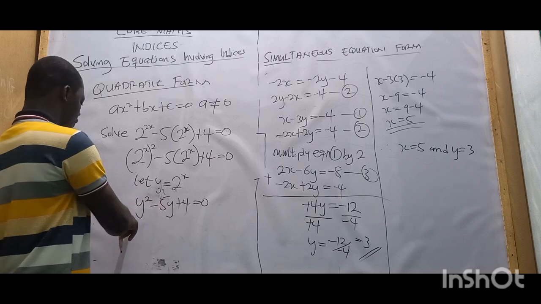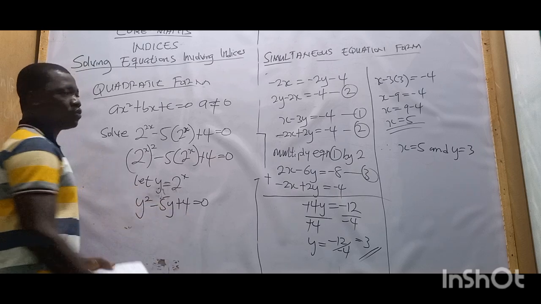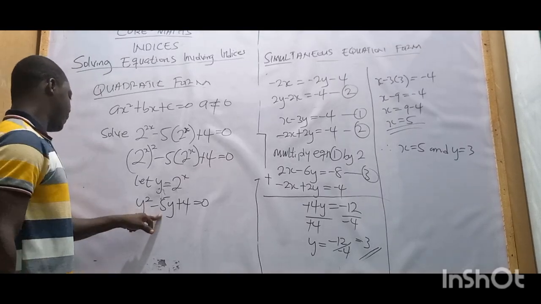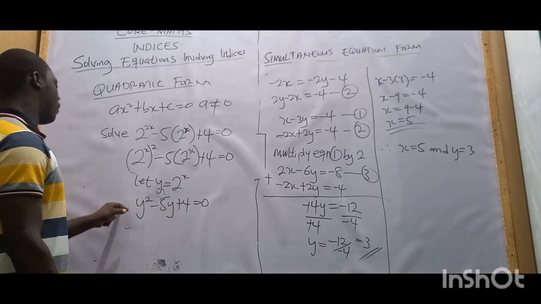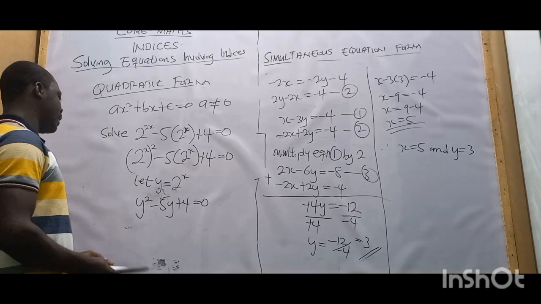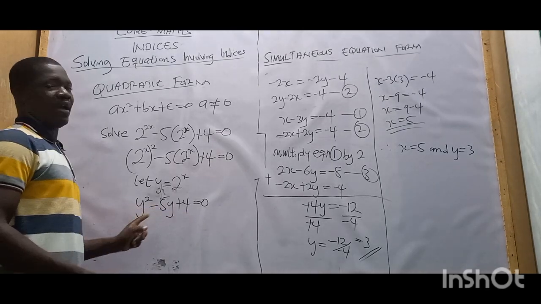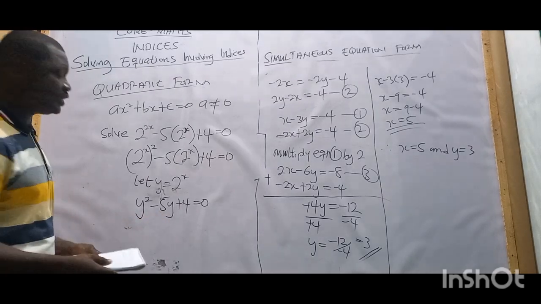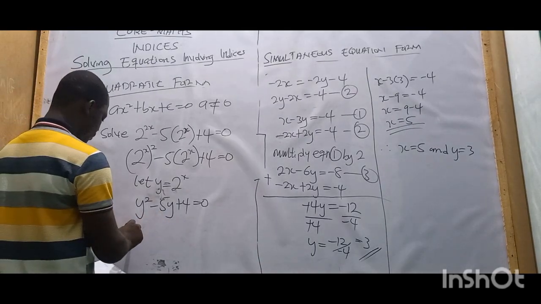Here it is 1, so 4 times 1 is 4. We need two numbers which, if I add, I'll get -5, and if I multiply, I'll get 4. They are -1 and -4. So my factors are -1 and -4.